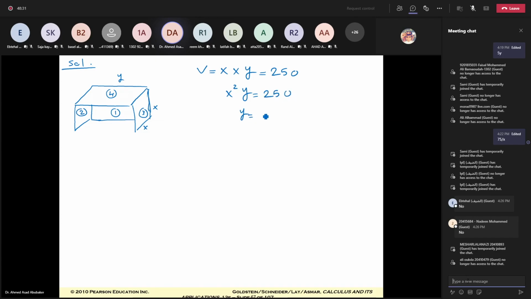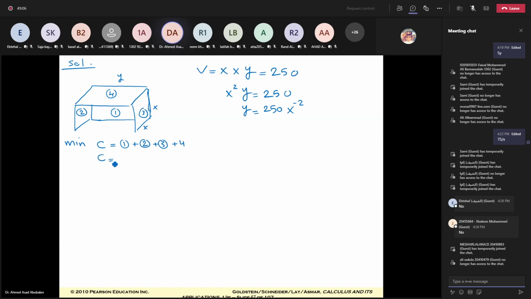So the value of y equals 250 x to the power minus 2, because this is over x square, and moving the x square from the denominator to the numerator, the exponent becomes negative. Now we need the minimum of the cost of canvas. So this is equal 1 plus 2 plus 3 plus 4.